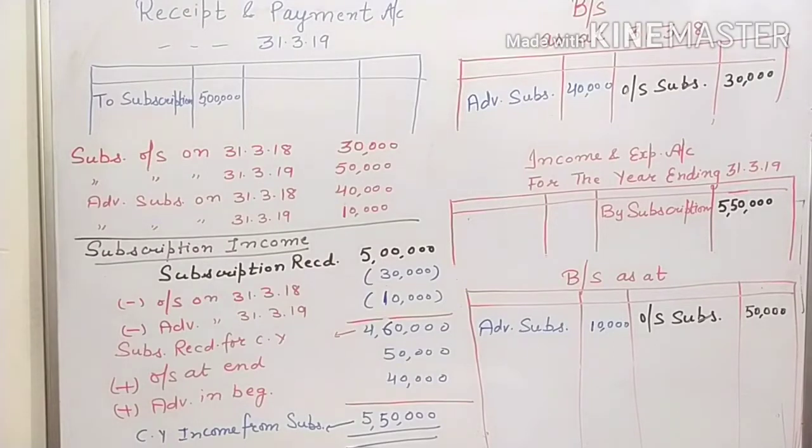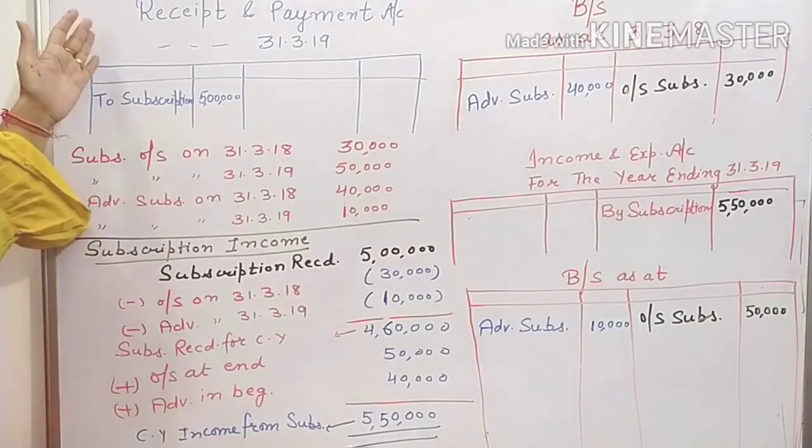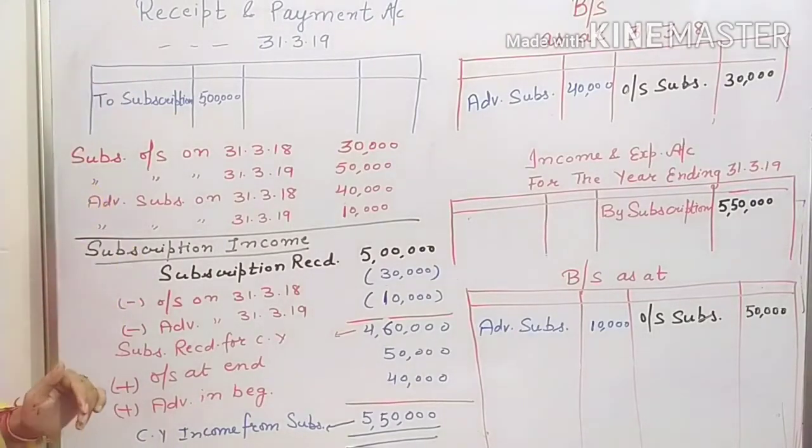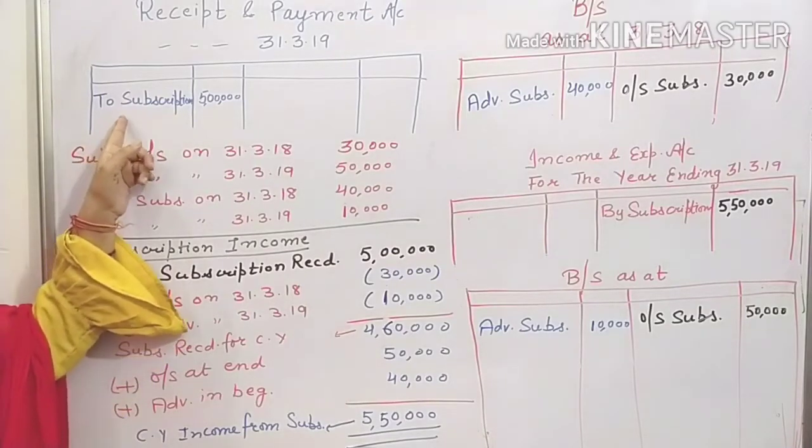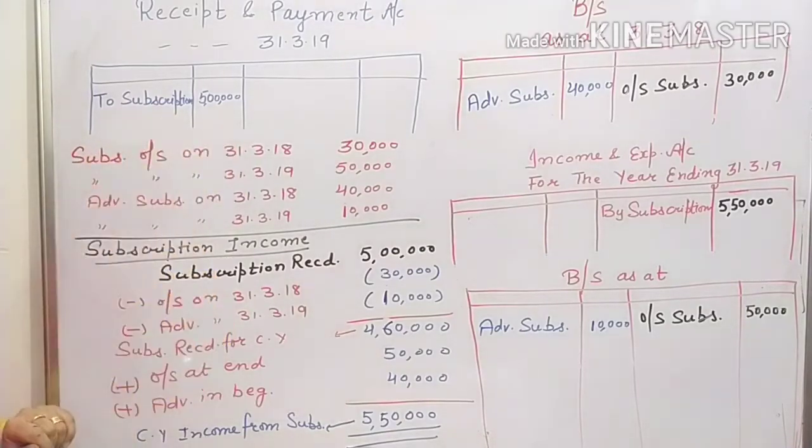Now, this is our first example of how the subscription income will be shown. A receipt and payment account is given, and on the receipt side, subscription received is 5 lakh.